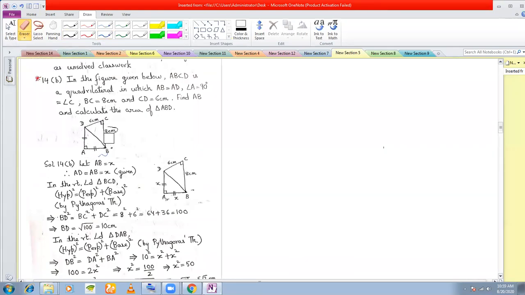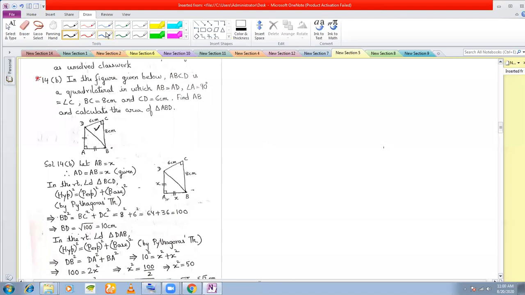So clearly, how many right angle triangles do you see? There are two right angle triangles, right? This one and this one. If you observe this right angle triangle, in this right angle triangle, which one is the hypotenuse?